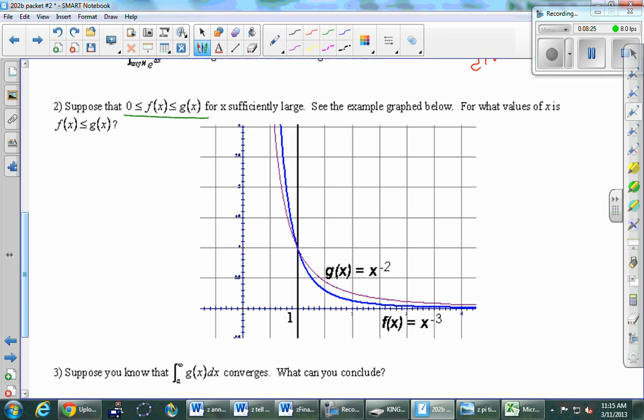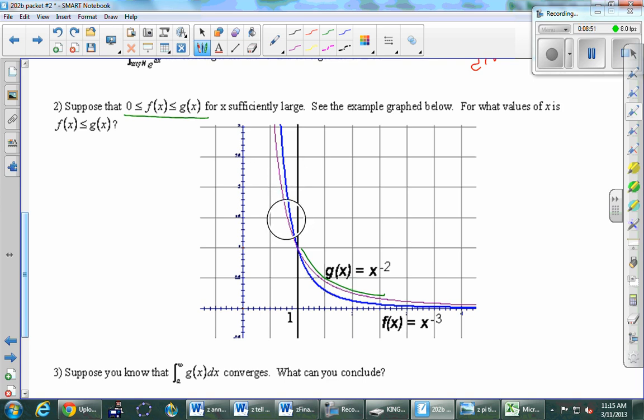X to the negative 2. So that one, do you guys buy that x to the negative 2 is always bigger than x to the negative 3? Okay, so I don't know what's going on for the negative x's. Where do they change roles? Which one's on top in this picture? Is it x equals 1 actually? Because out here the purple one is on top, but over here the blue one is on top of the purple one, right?